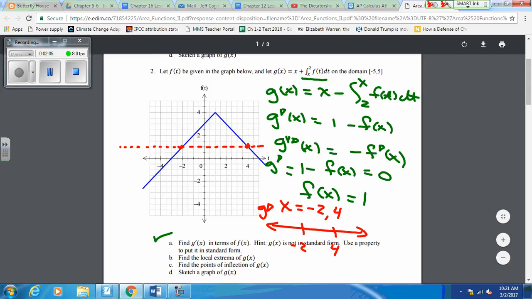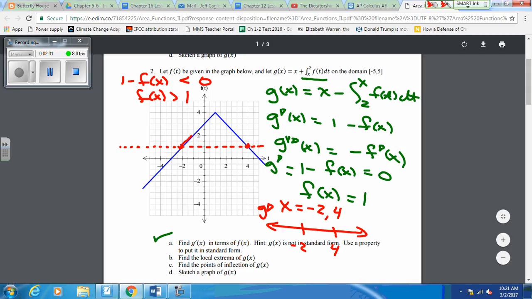That's going to give me a positive value. For example, if f of x is 0, then 1 minus 0 will be a positive 1, right? So, if you're unsure, go ahead and solve it formally, algebraically. G prime less than 0, subtract 1, divide by -1, implies that f of x is bigger than 1.